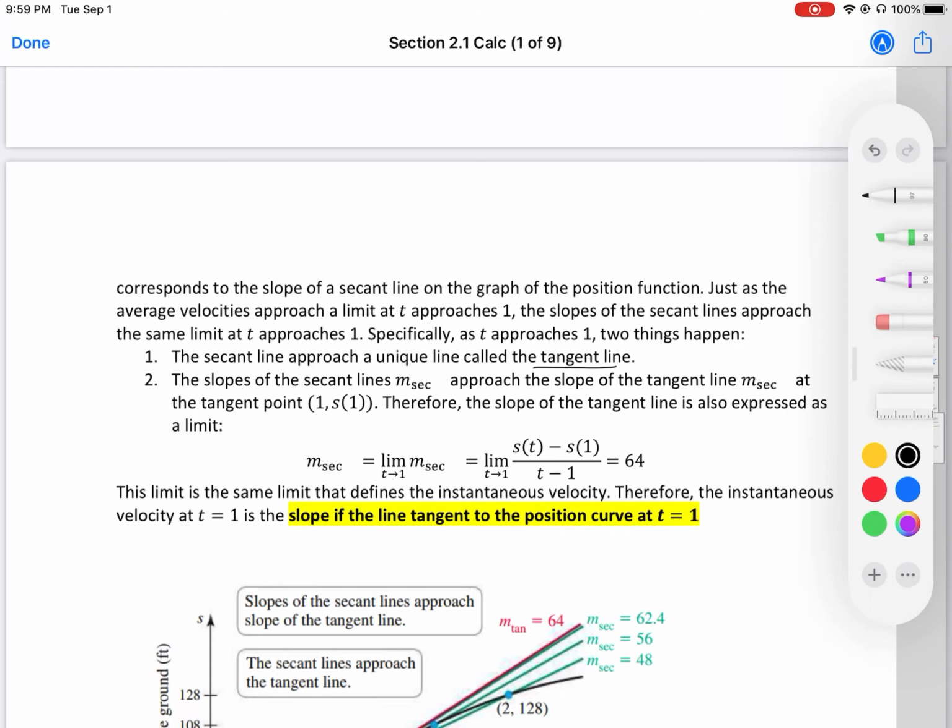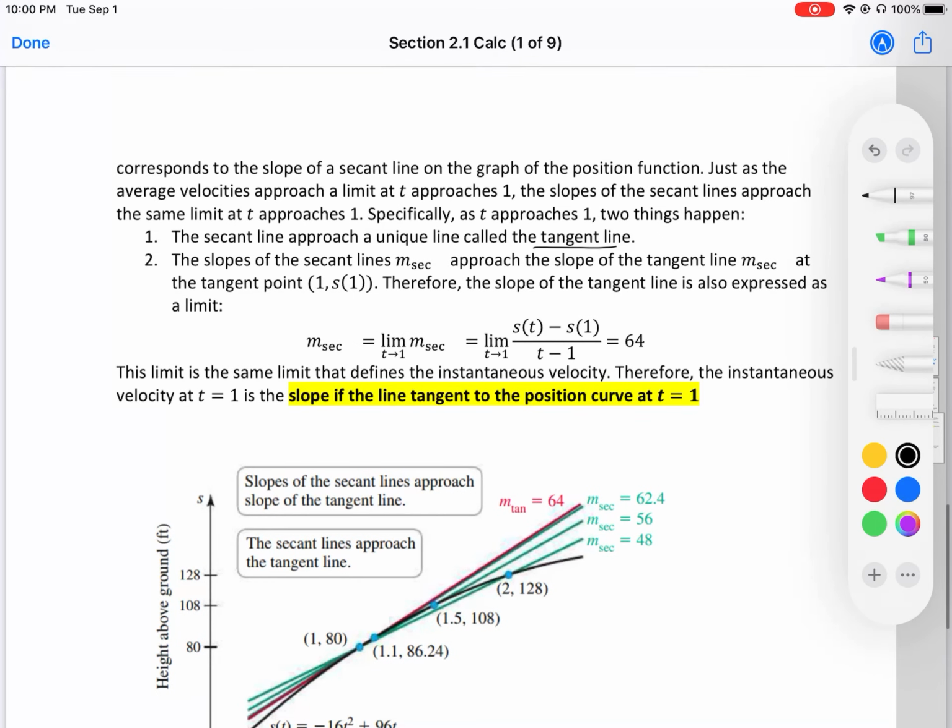Therefore, the slope of the tangent line is also expressed as a limit. So we saw our slope formula, but we can see it's also expressed as a limit, which we'll talk about in the next section.